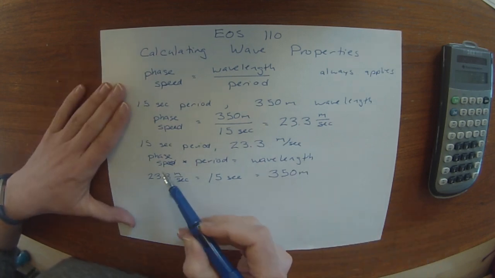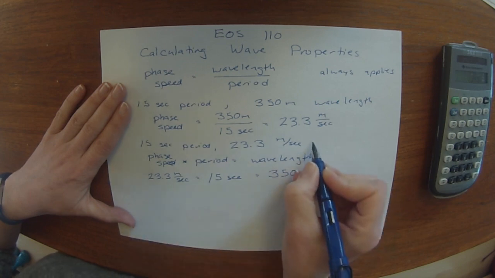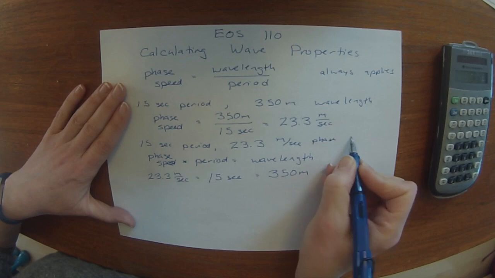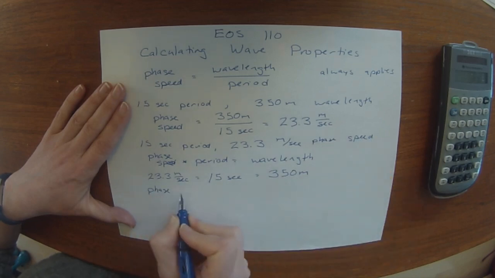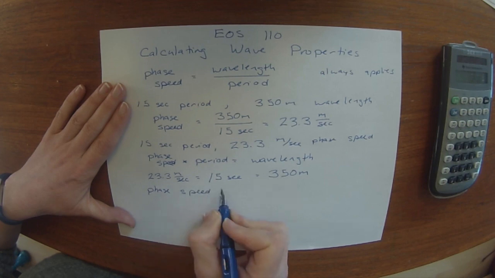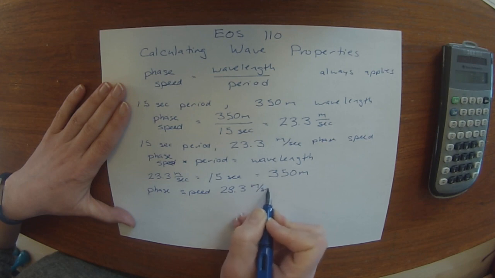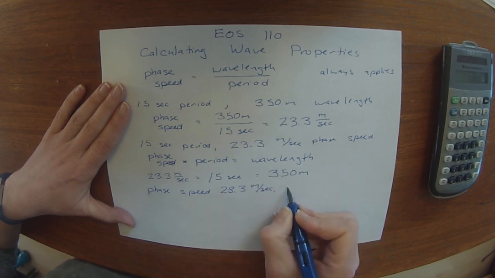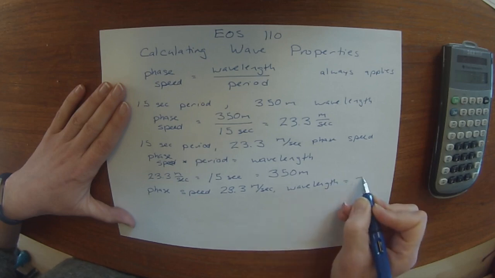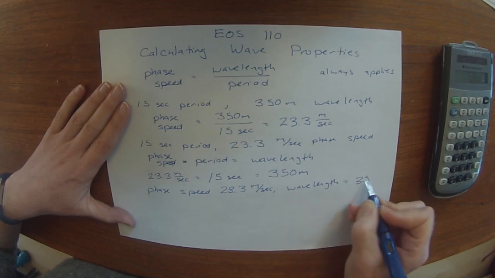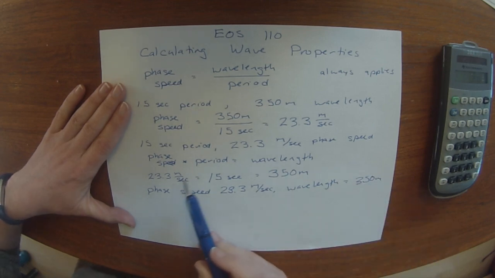Okay, let's do one more. Suppose we knew the phase speed. Let me just mark this here so we remember. Say we have our phase speed of 23.3 meters per second, and we have our wavelength equals 350 meters still. Can we calculate the period? Let's come back up here to this equation.